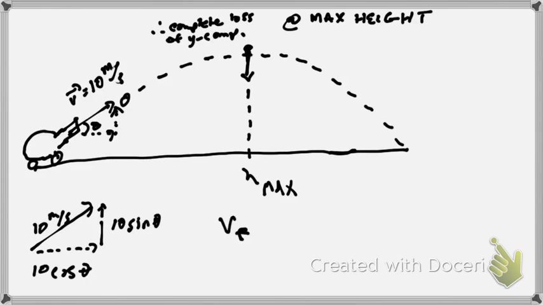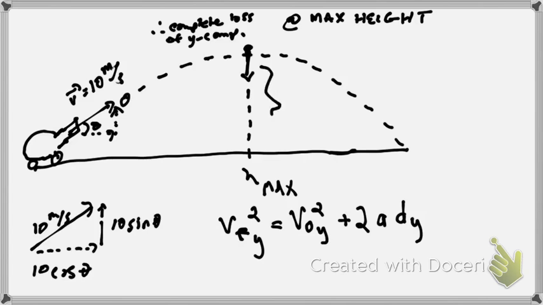V final squared of the y component is equal to V initial squared of the y component plus 2 acceleration times the distance, y, right? Because this is the maximum height, which is a distance of y. We need to make sure that all of these are in terms of y.